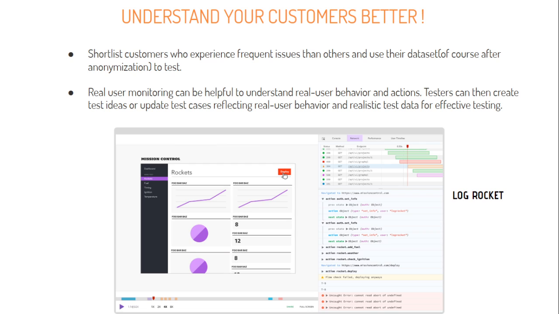Use real user monitoring whenever there is an issue. You can use tools like LogRocket to see how your customers are interacting with your application and where the issues are coming from. And you can of course use the data of those customers who find frequent issues to be more effective in your testing.